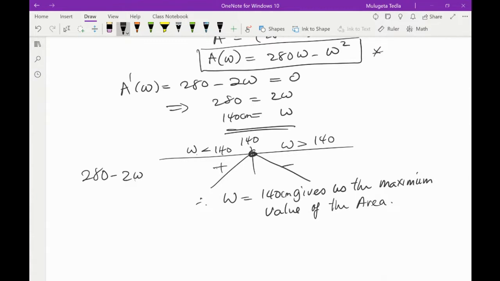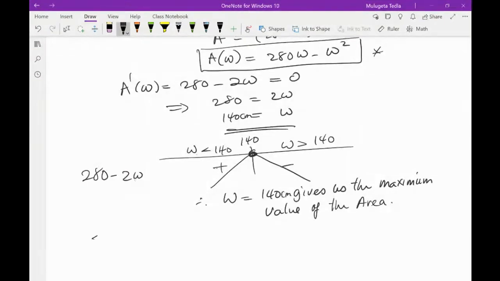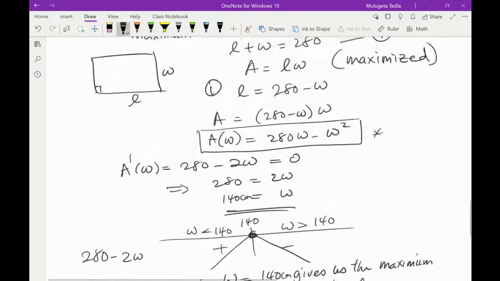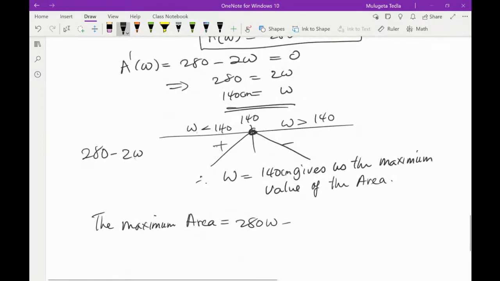So therefore, what is the maximum area? We did it. 140, 19, 1600. 19,600. So the maximum area is 280w minus w squared, which is 280 minus 140, times 140 squared.